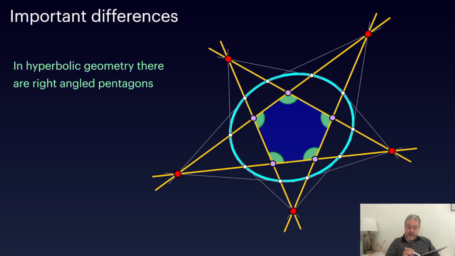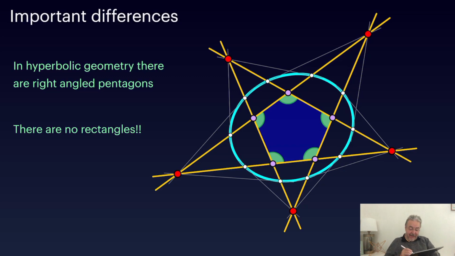So you have 2 right angles here, and I did that around the entire pentagon, and you get right angles everywhere. So in this hyperbolic geometry, there are such things that do not exist in Euclidean geometry, because in Euclidean geometry the sum of the angles in a pentagon is constant and more than 5 times 90 degrees.